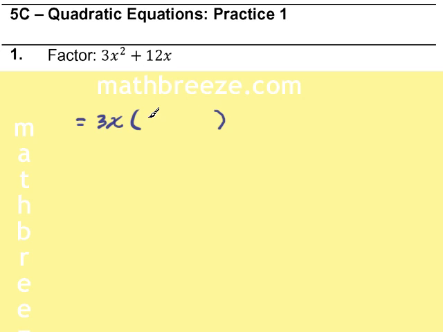When we pull out 3x from 3x squared, we're left with x. And when we pull out 3x from 12x, we're left with 4. So we factored the first example by pulling out the greatest common factor.